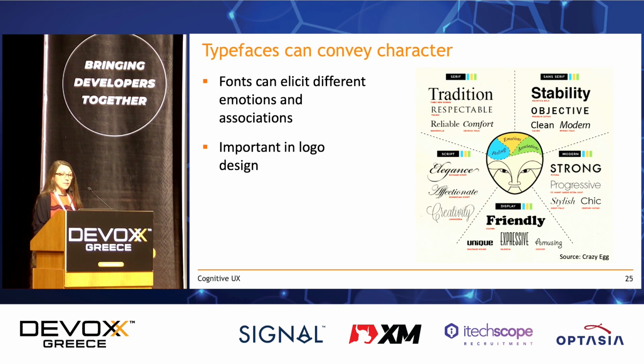Sans serif, on the other hand, are more modern fonts, clean and minimalist, so they are often used by tech companies such as Google, Spotify, Airbnb. So we're coming to realize that thanks to the priming effect, every visual element in our design, such as images, colors, fonts, plays a crucial role in shaping the user's mental image of our brand or product, often without their conscious awareness, because this all happens through the heuristics of System 1.